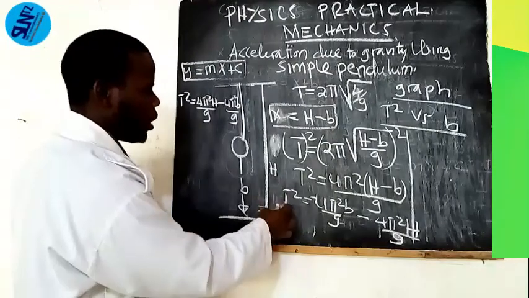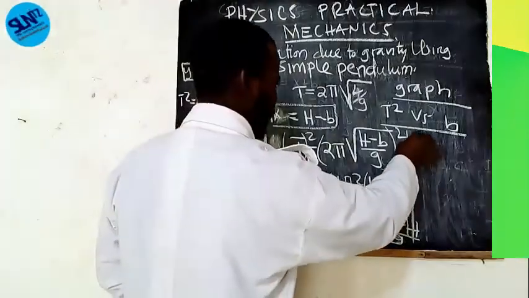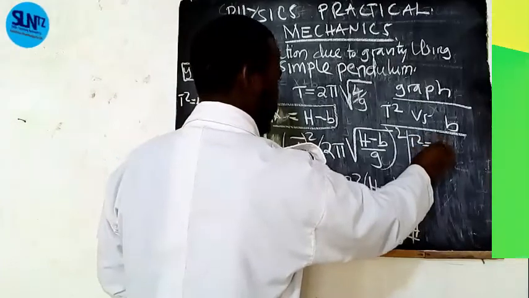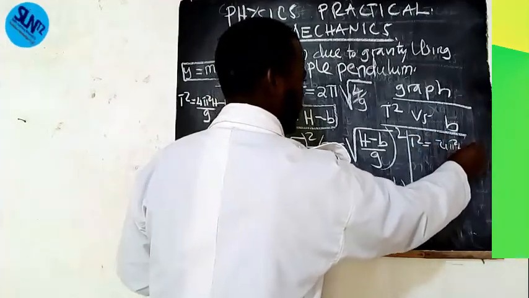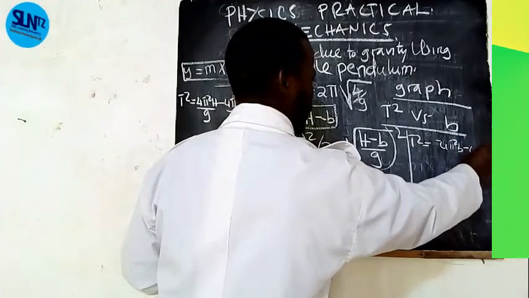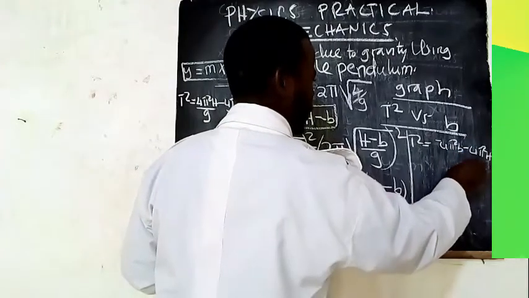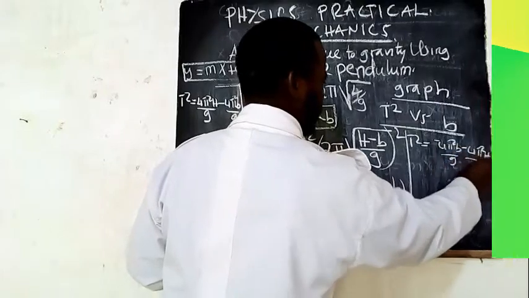And when we put y, let's say right here, T square is equal to negative 4 pi square b minus 4 pi square h, over g over g.